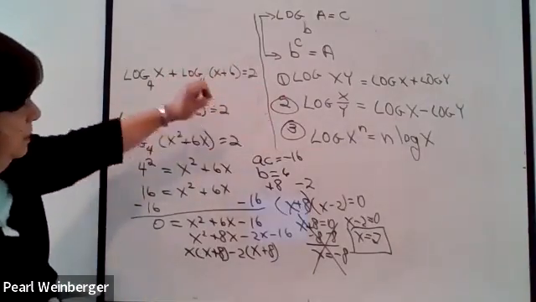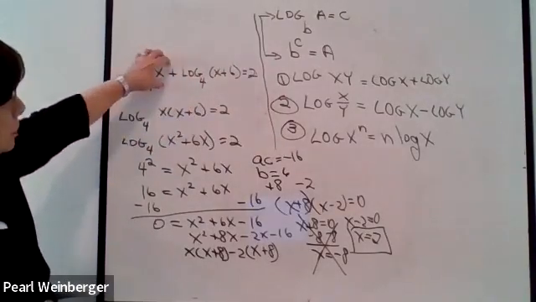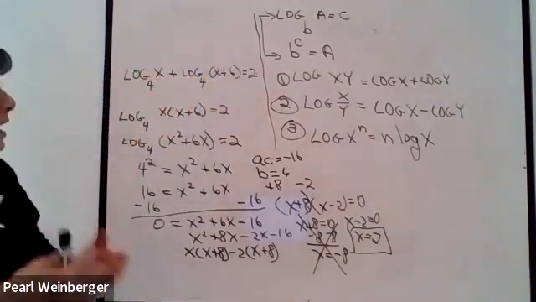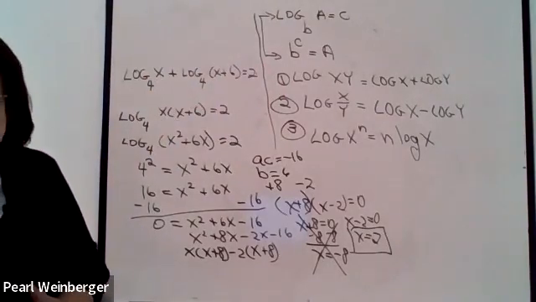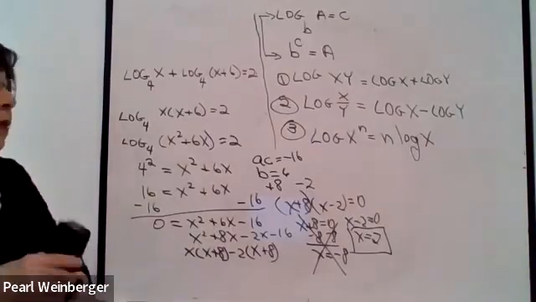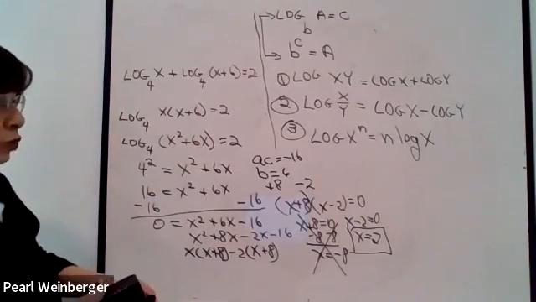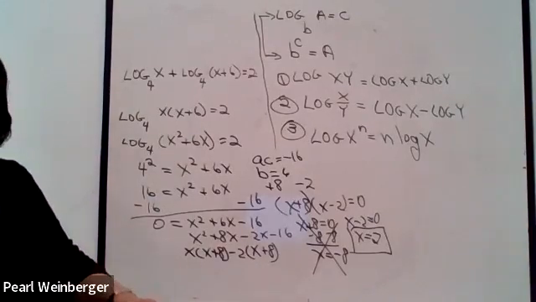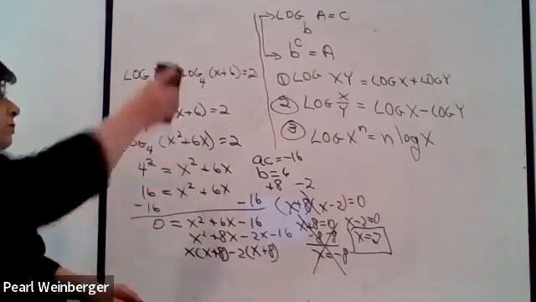If you have 2 logs subtracted, then you divide the 2 expressions to get a single log. And once you have a single log, then you can go from the log format to the exponential format. Now I want to go and show you how we can solve exponential equations using logs.